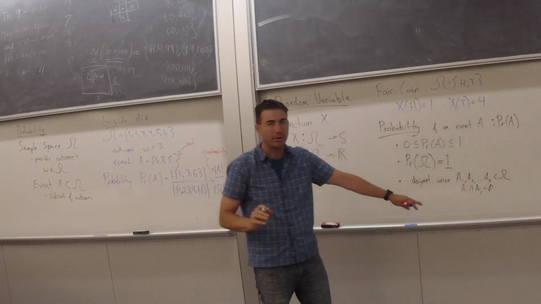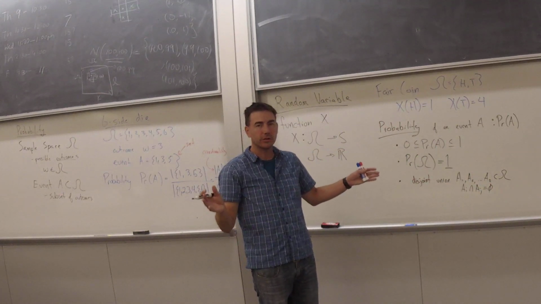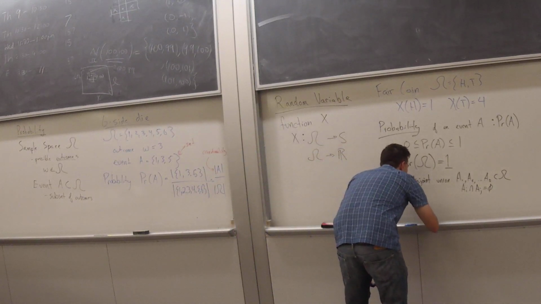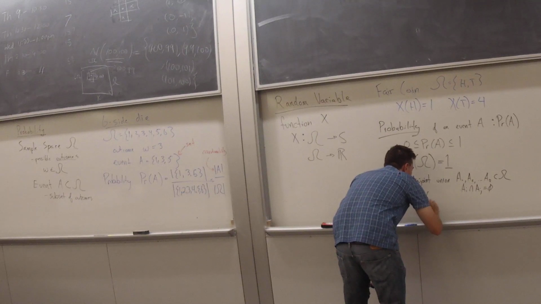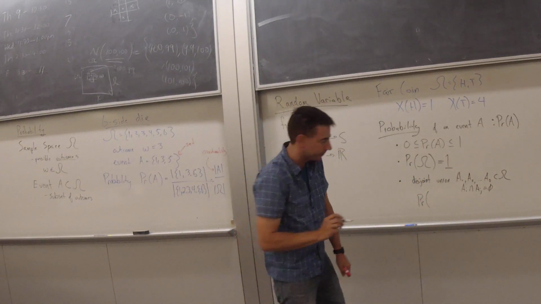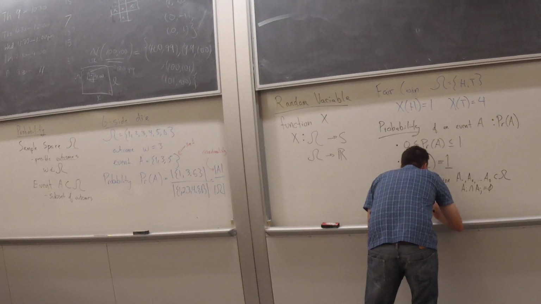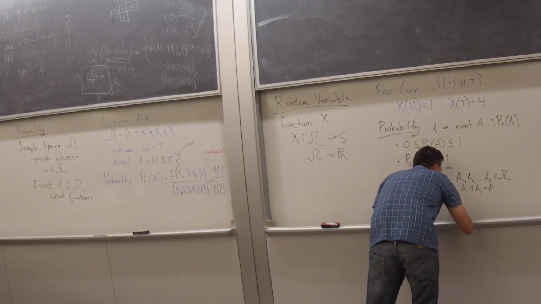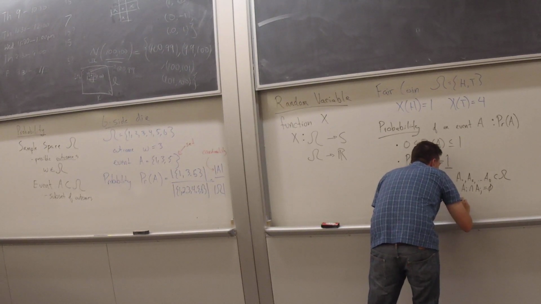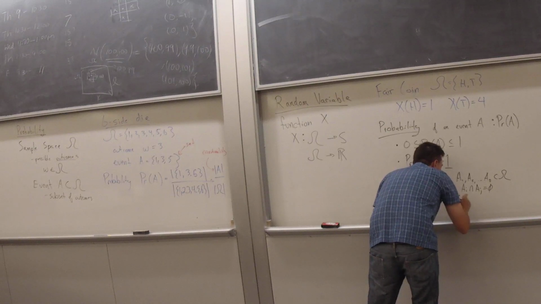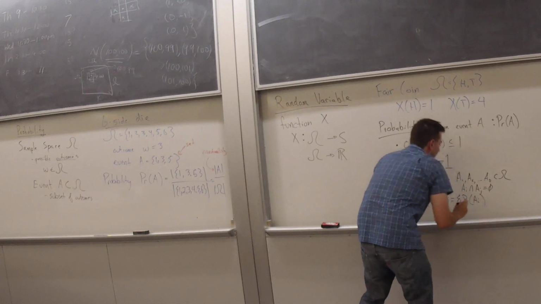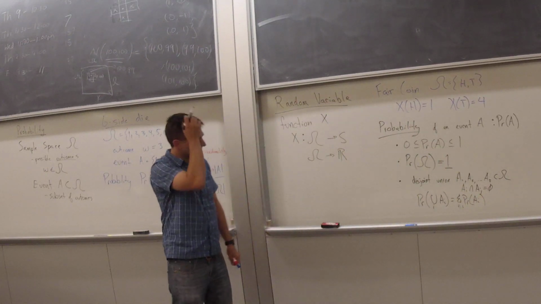These can't overlap, and if I took the union of all of them, it's going to be the whole sample space. Then the probability of the union of these elements is going to be equal to the sum of the probabilities of these Ai. Okay?